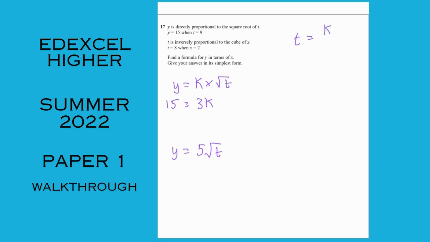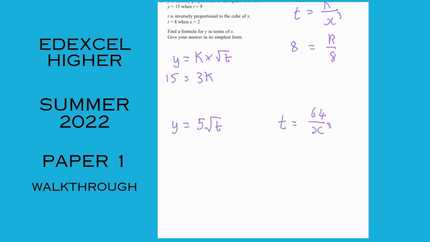Worried too much about my k. So t equals k over x cubed. In goes the 8. 2 cubed is 8. So you can see that k is 64. So that gives us our second formula.